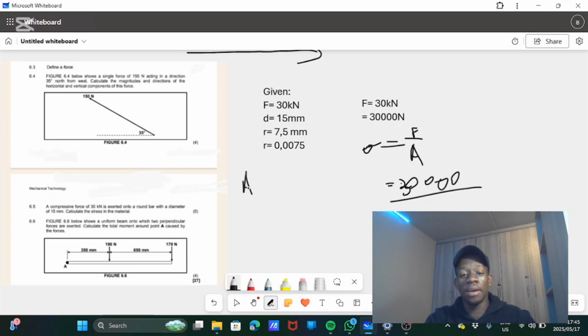We need area. Let's just write it here. Pi times 0, and so on.